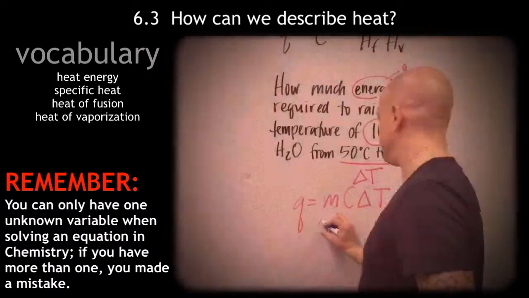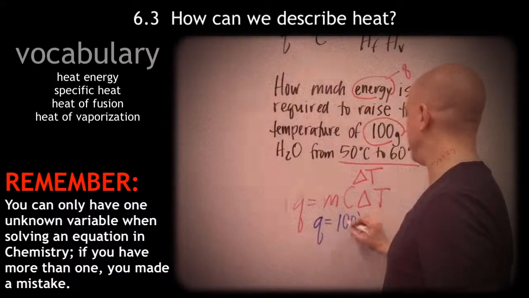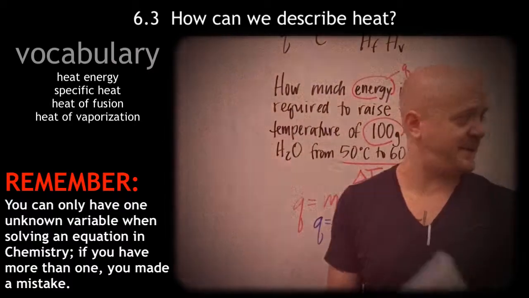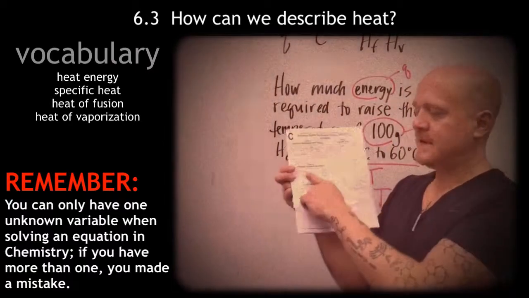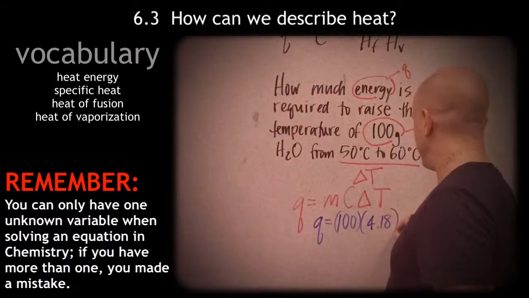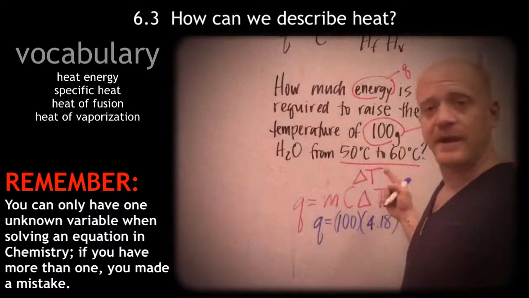So Q equals M, mass, 100, times C, the specific heat capacity for water, which means we got to look on table B, which is 4.18, times the change in temperature, delta T. Now, I'm not going to write 50, I'm not going to write 60.